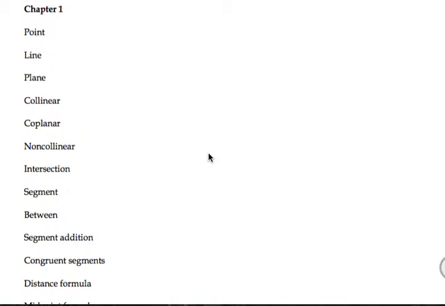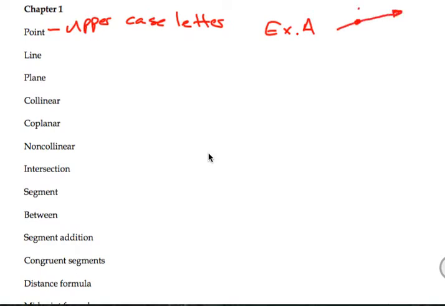So a point is an uppercase letter. For example, you'd have A, and you'd find A on a line, going from side to side.